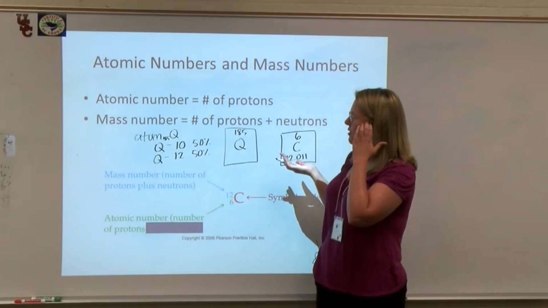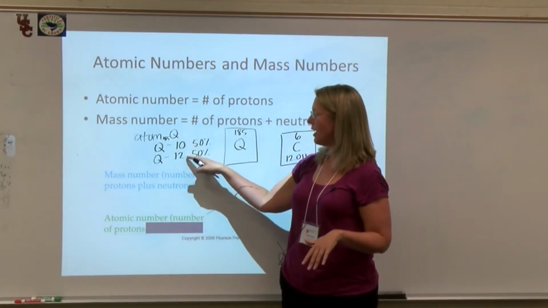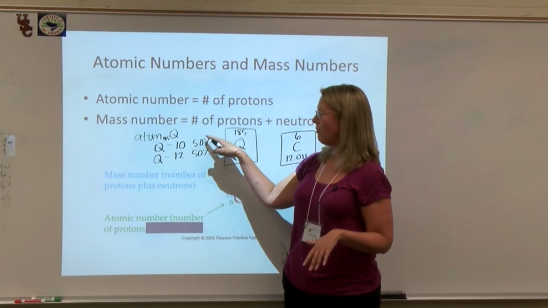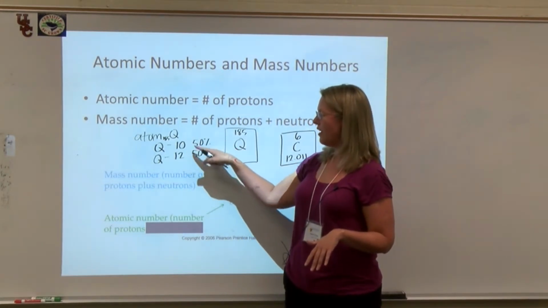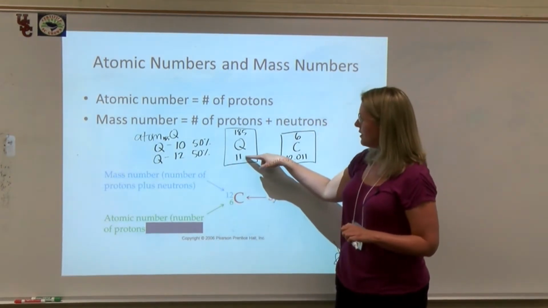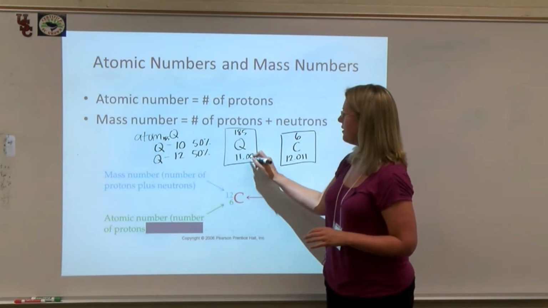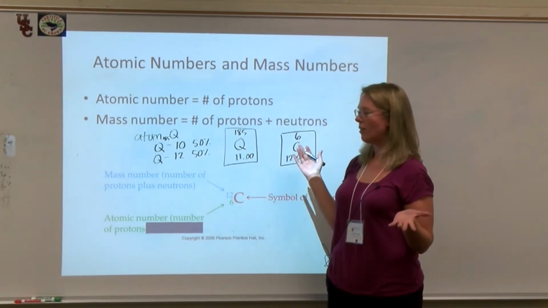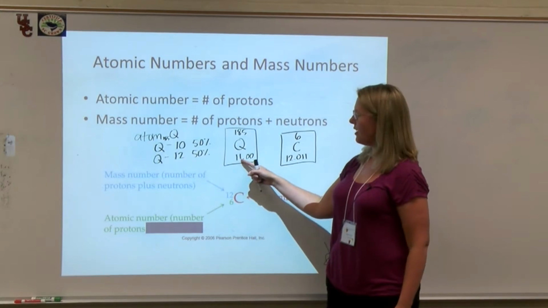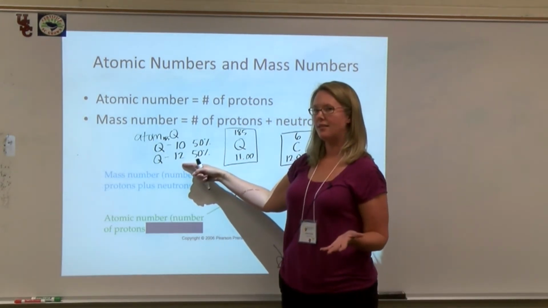So when we see our Q symbol on the periodic table, if we think about taking the average of the 2 isotopes, based on their relative abundance, our average would be 11. Okay, and so if we use this 11 and say, okay, the way you get the mass number is just round that number, you would get a mass number of 11, but that wouldn't even match up to any of the isotopes that are actually in existence.